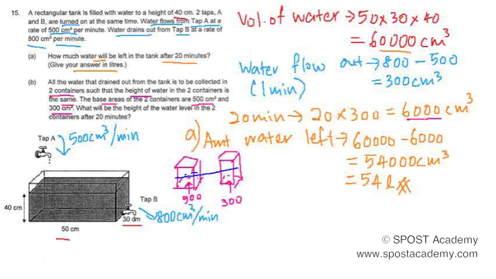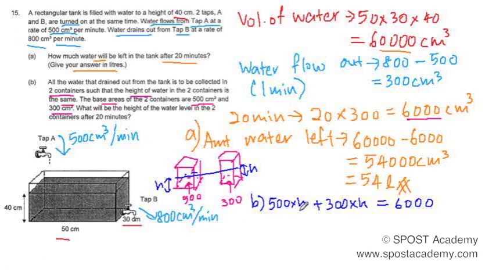Now to find the volume of water in the containers, we can use the base area times the height. And this height can be h, which means that in part B, the volume of water in one container would be 500 times h, plus in the other container, 300 times h, will give me a total volume of 6,000 cm3.